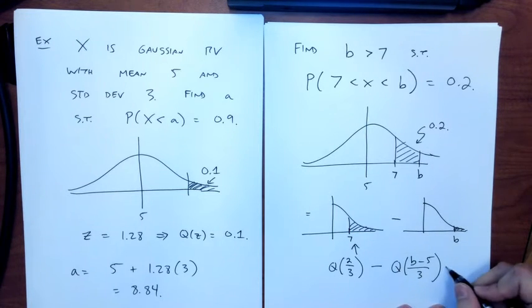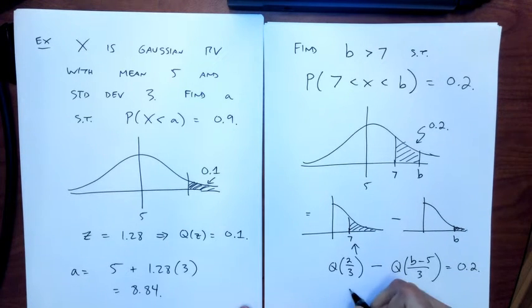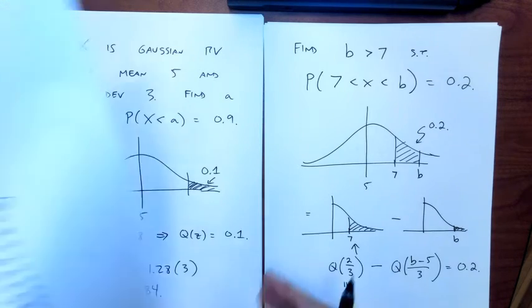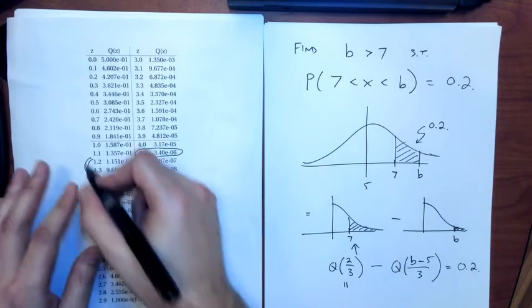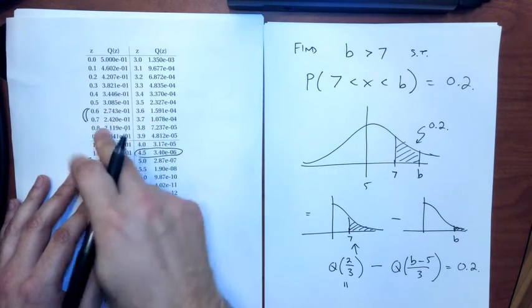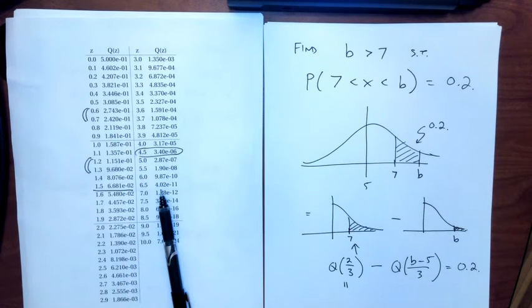And I want this to be equal to 0.2. So now I have to look up my Q of 2/3. Again, I look at my table and I say, well, Q of 2/3 is going to be somewhere between 0.6 and 0.7. I want to know what Q of 0.66 is, right?